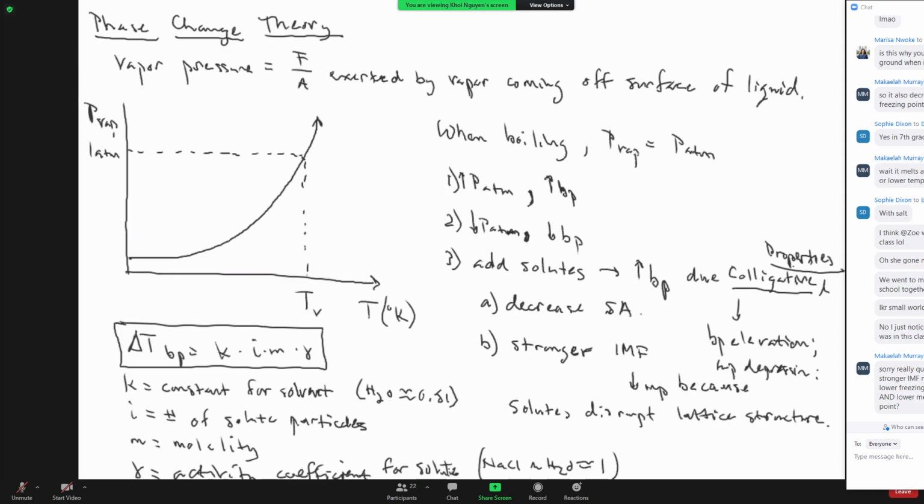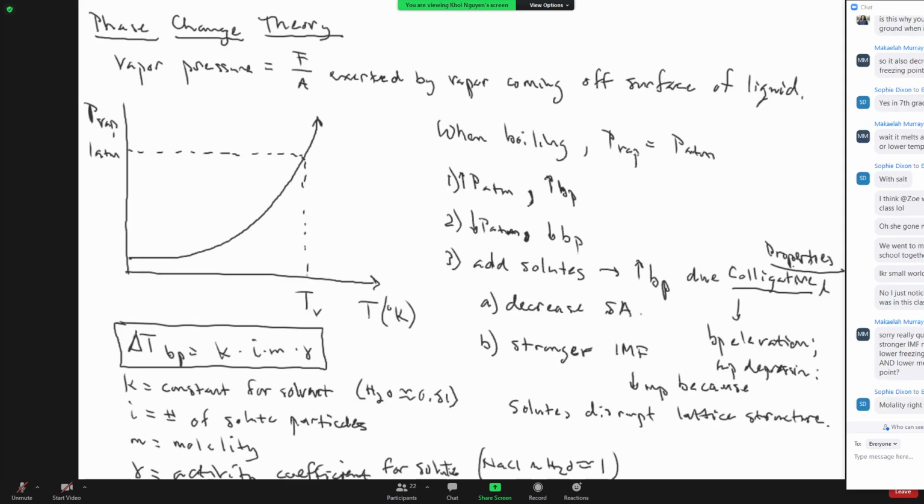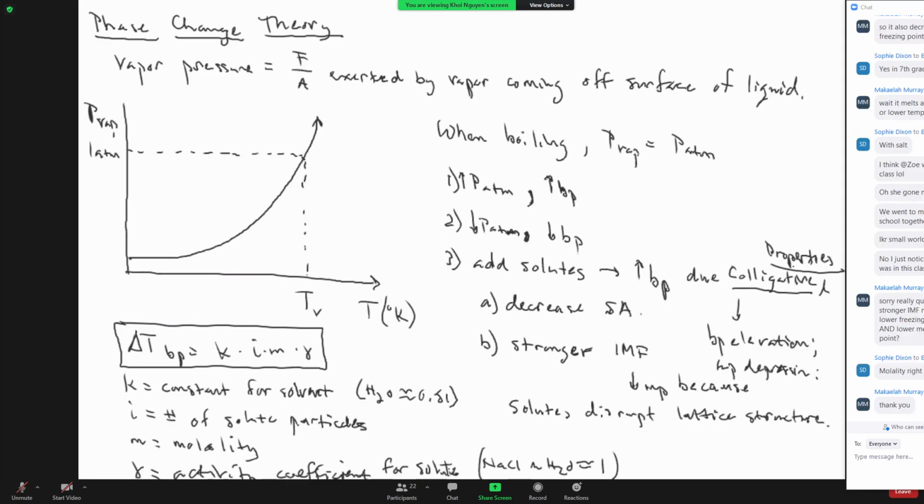And because of having those salts in solution and them disrupting the lattice, it causes you to have a lower melting point. So stronger IMFs lead to higher boiling point. Solutes in solution disrupting the lattice leads to a lower freezing point or melting point. Yes, molality is little m. Sorry, I was trying to write it really quickly.